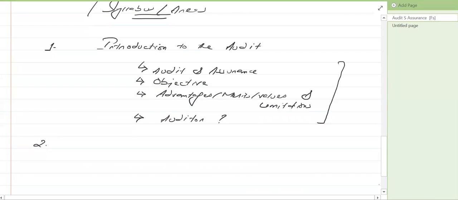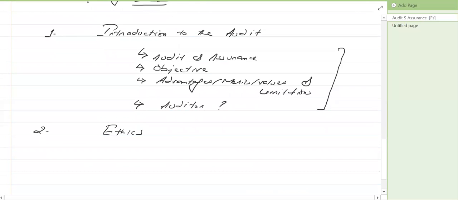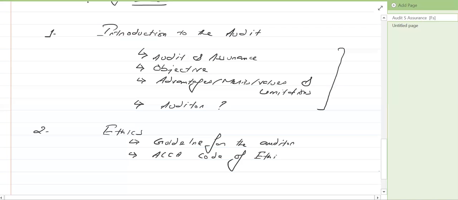Then the second chapter we'll be discussing is ethics. Now, when you are dealing with the ethics, this is actually the guideline for the auditor. And we'll be discussing ACCA Code of Ethics. Like in this paper, you are assumed to be an auditor. You are the one who is doing the audit.